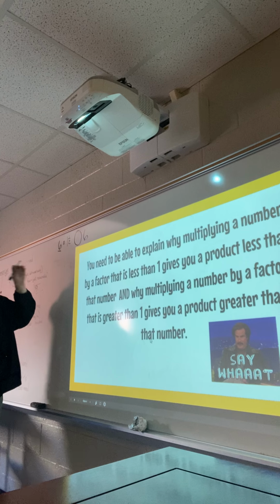So what that is saying is if I have a number, so my number is going to be 6, and if I multiply 6 by a half, is that a half? Is it greater than, less than, or equal to 1? Is 1 half greater than 1, less than 1, or equal to 1? It's less than 1.